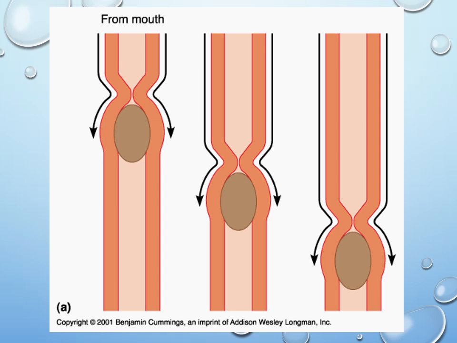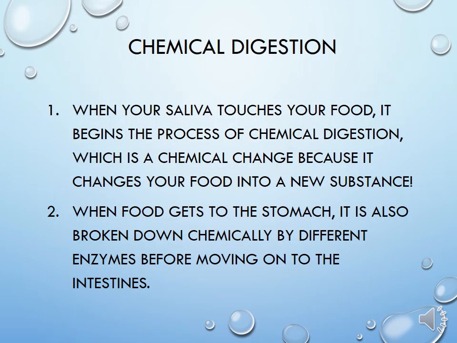It's just moving it. All right, chemical digestion is when your saliva touches your food. It begins the process of chemical digestion, which is a chemical change because it actually changes your food into a new substance. When food gets to the stomach, it's also broken down chemically by different enzymes before moving on to the intestines.